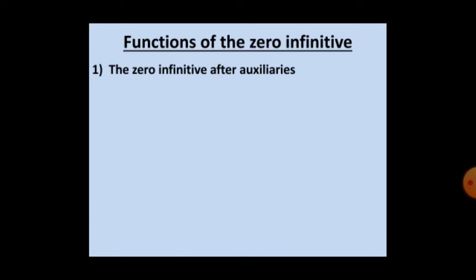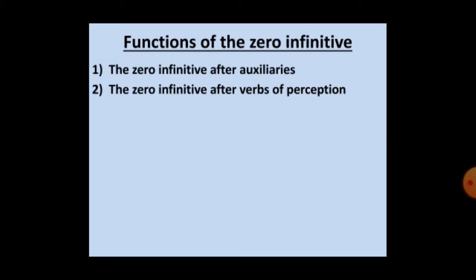Here comes the functions of zero infinitive. So we have some functions of zero infinitive. So zero infinitive is also used after auxiliaries, means modal auxiliaries. It is also used for verbs of perception. Verbs of perception means like see, hear, touch.